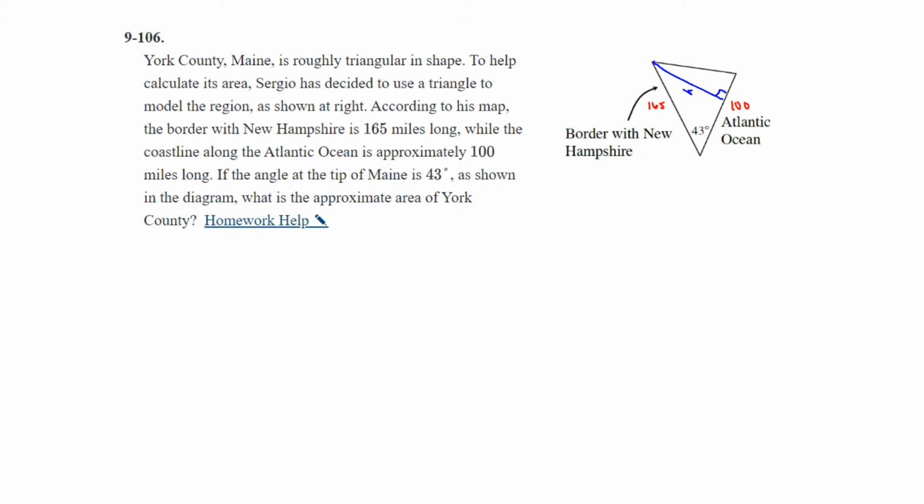So we have the hypotenuse, and we're looking for the opposite. That means we're going to use sine. So sine of 43 degrees is equal to the opposite, which is the height, over the hypotenuse of 165. So the height is equal to 165 times sine of 43 degrees.